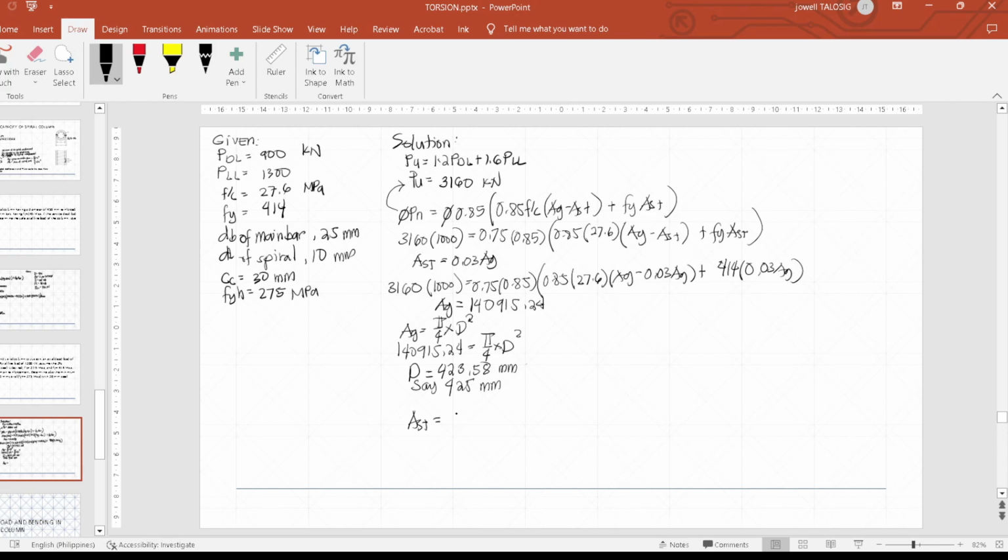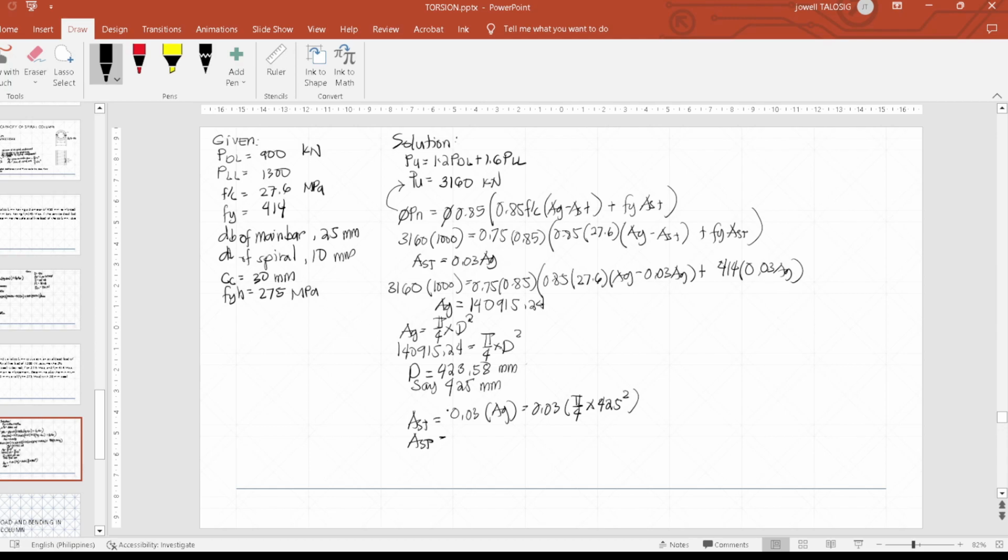So we can now get AST from the equation AST is equal to 0.03 AG, where AG is not yung answer na nakuha natin, kundi ito yung final area of our column with the diameter na nilagay natin, which is 425. Okay?